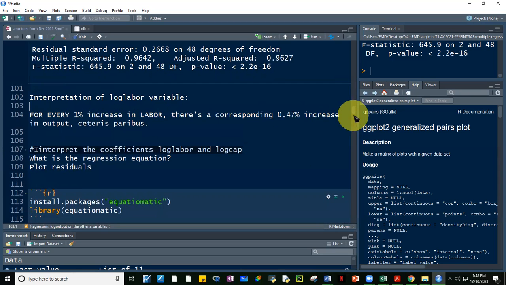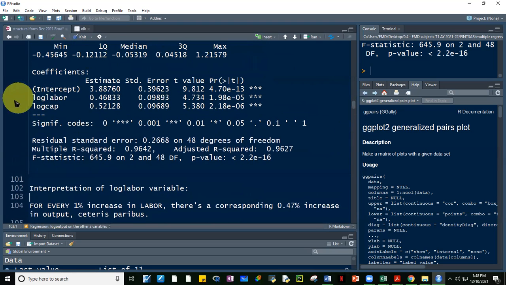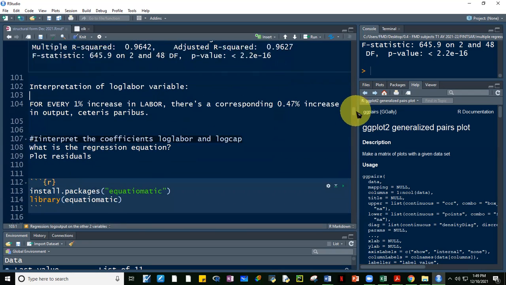Okay? So paano naman si log capital? Ganun din. For every 1% increase in capital, there's a corresponding 0.52%, so percent din ang pagbasa natin dito. 0.52% increase in output, ceteris paribus.